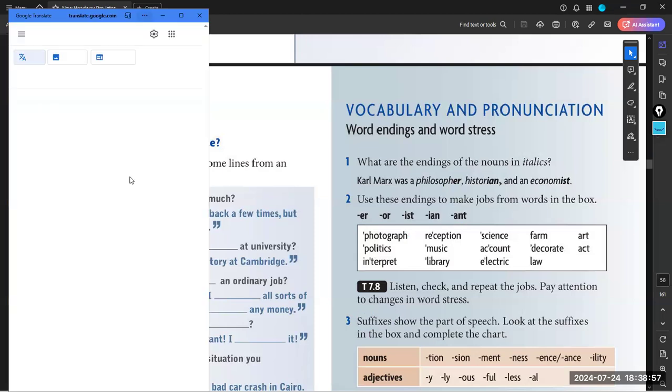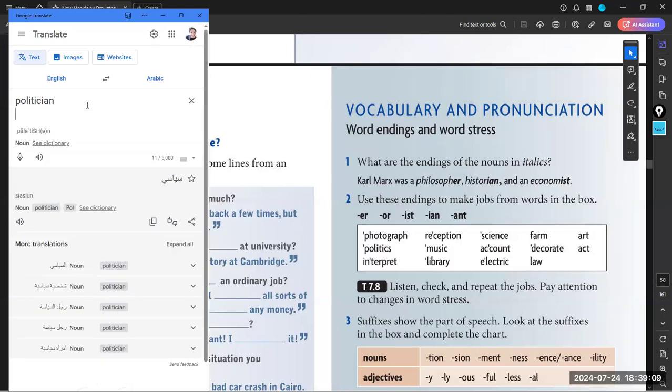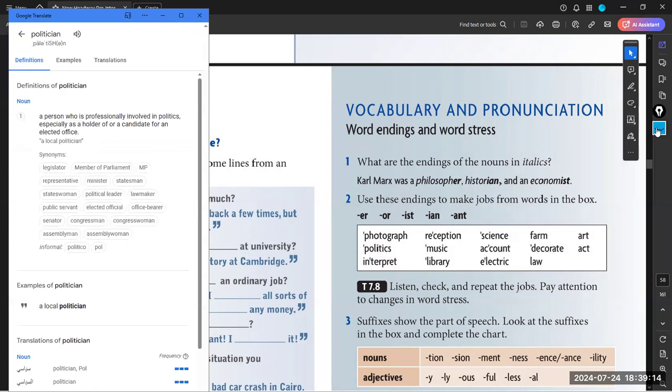Let me try to write this word just to check its meaning. This is politician. Let me check the dictionary. So we notice that politician means a person who is professionally involved in politics, especially as a holder or candidate for an elected office.